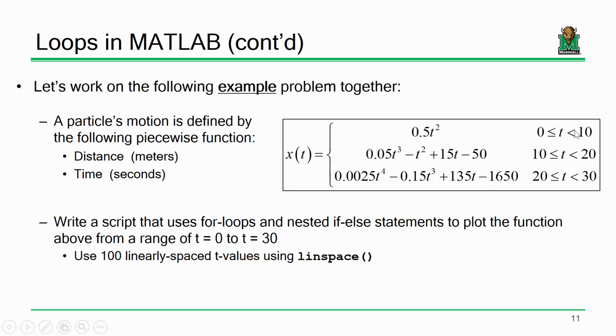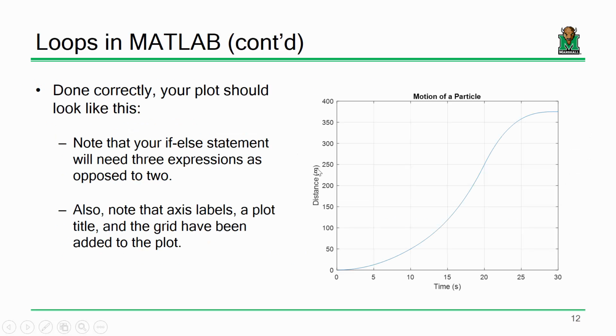And so from 0 to 10, you could know its distance by 0.5 t squared, where t is the time in seconds, but then from time 10 until right before time 20, it's following a different movement, and then from 20 to 30, a third. Okay, so we want to make a script that says, what is this particle doing over time? Because eventually what we'd like to do is create a graph that looks like this.